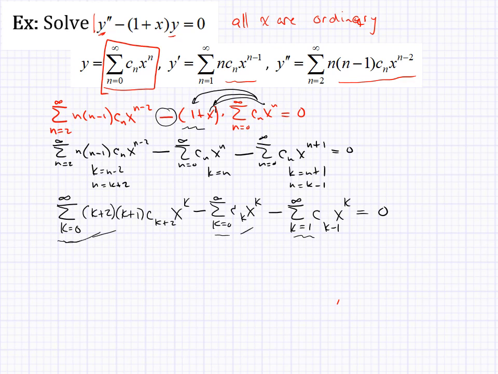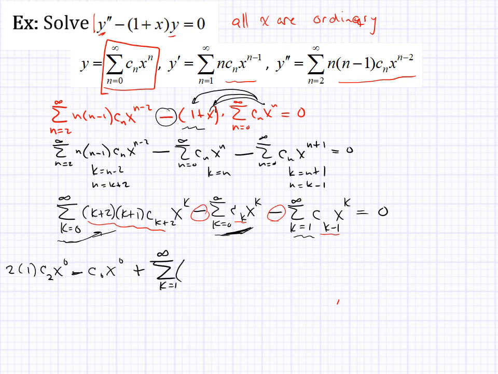So the k equals 0 term is going to come out of this series, which will give me 2 times 1 c sub 2 x to the 0. And then the k equals 0 term is going to come out of this one, which will be minus, because don't forget the minus in front, minus c sub 0 x to the 0. And now the whole thing's ready to come together as one series, starting with 1. So we'll have this coefficient minus this coefficient minus this coefficient, all x to the k.